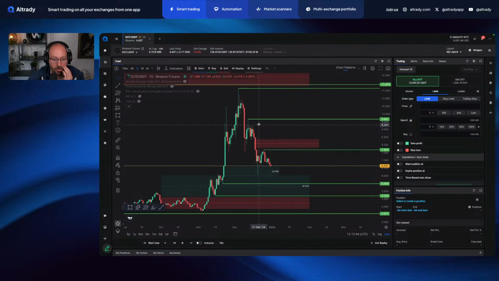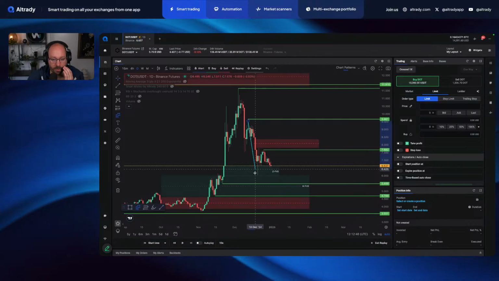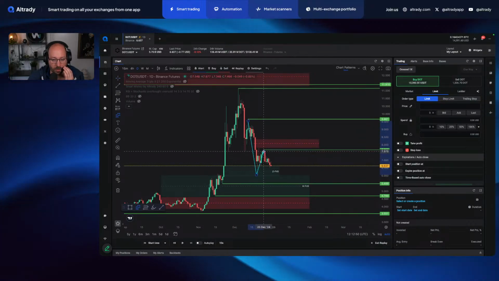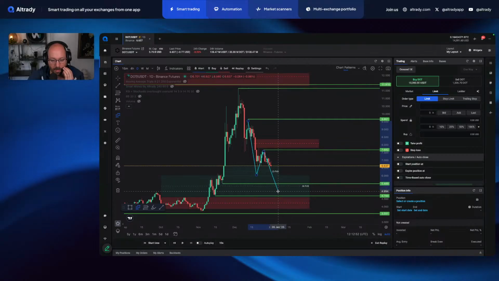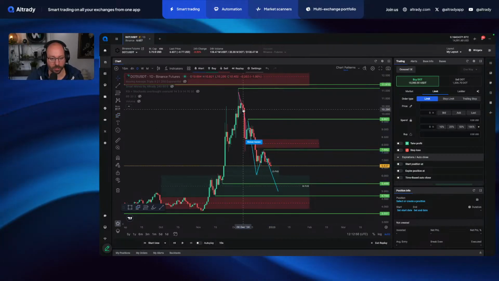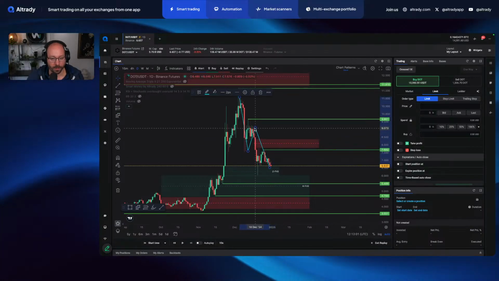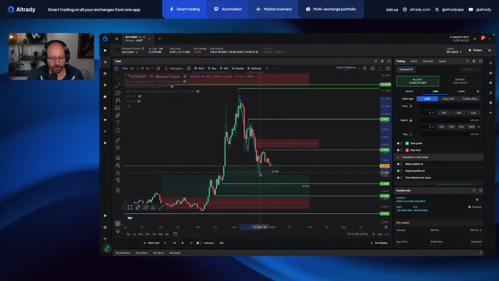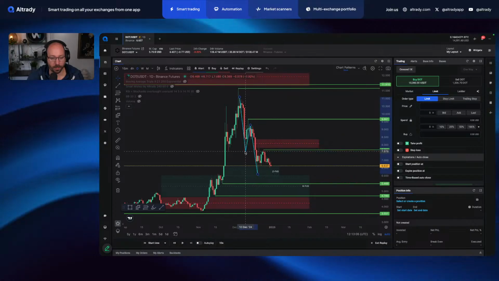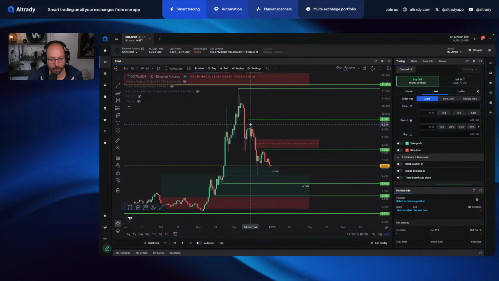What you mean by the impulsive moves is that you have the down, then a small correction, and then another downward move, and this one as well. Those are the two impulsive moves with their correction phase, the small pullbacks to the top.